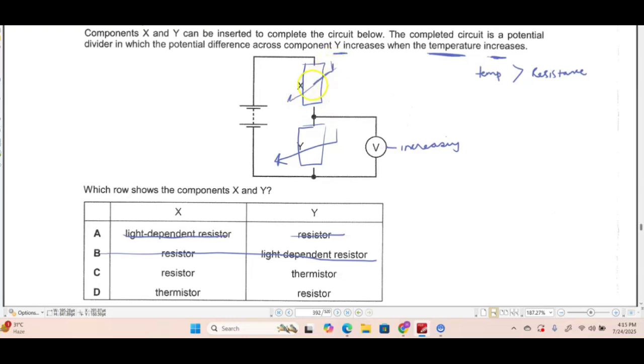The thermistor is connected at X. So when the temperature over here increases, the resistance over here decreases.